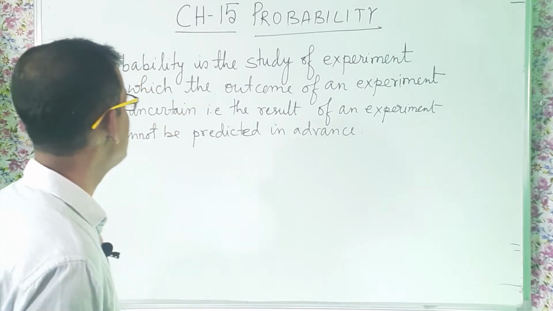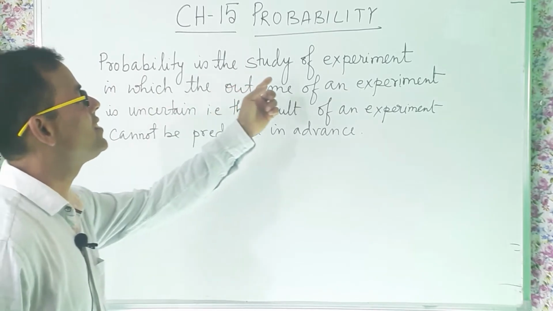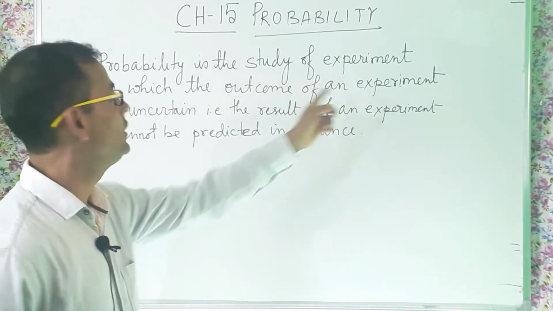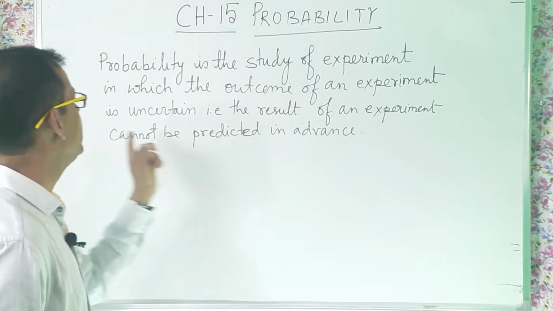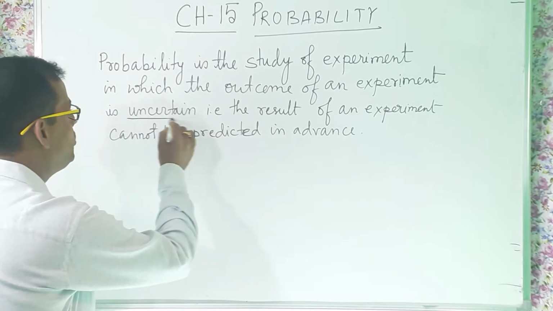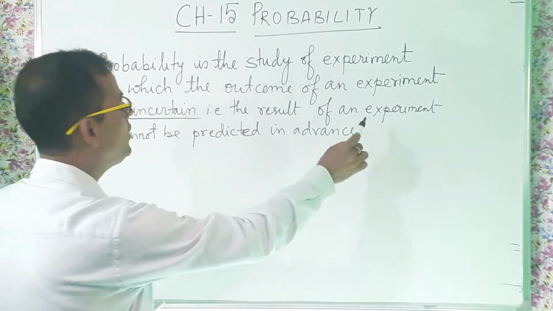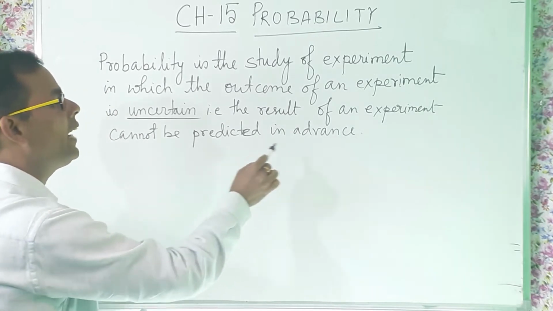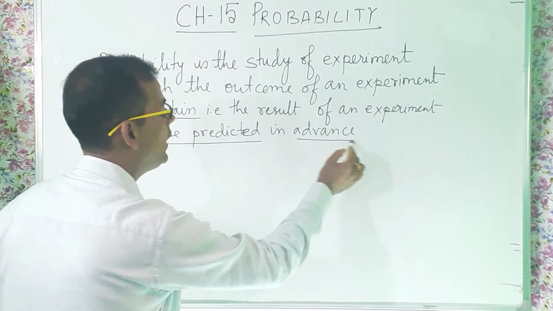So what is the definition? Probability is the study of experiment in which the outcome of an experiment is uncertain. Uncertain, you must remember that word. That is, the result of an experiment cannot be predicted in advance.